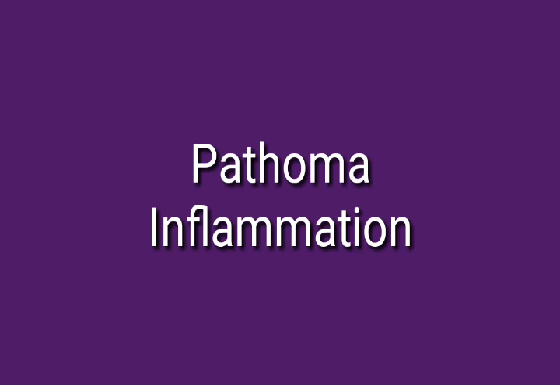So the CD4 positive T cell's job is to help, and it's going to help two types of inflammation. It can help B cells, or it can help CD8 positive T cells. And these are the two things that helper T cells will help. And so helper T cells are divided into two subsets.